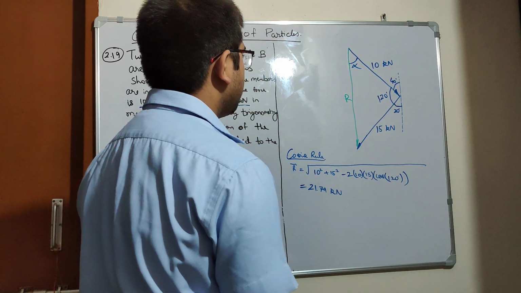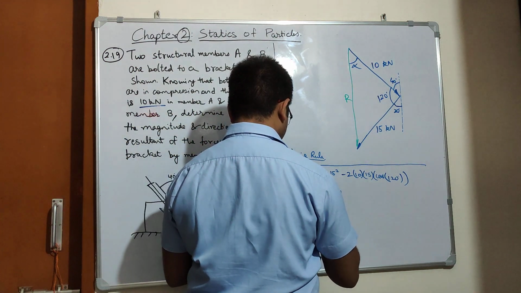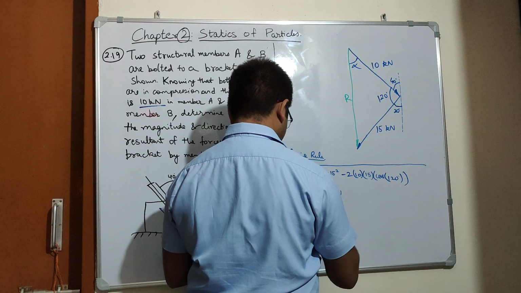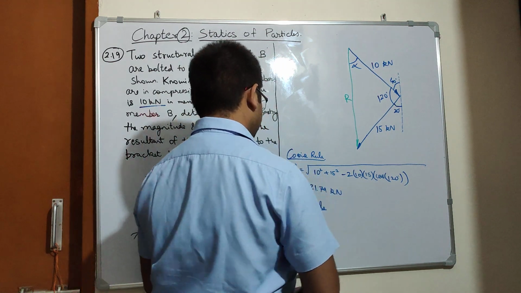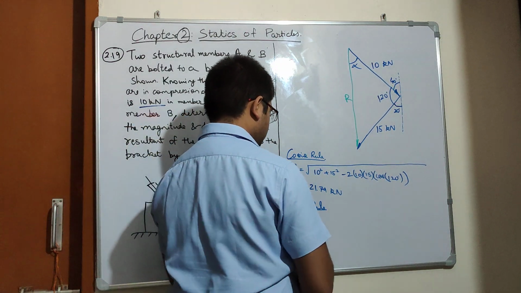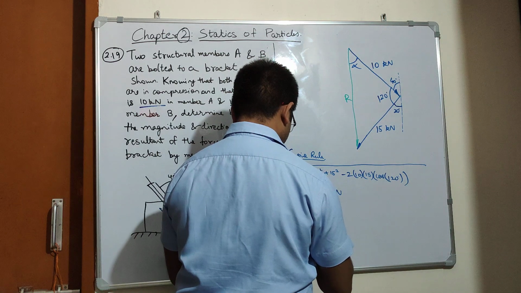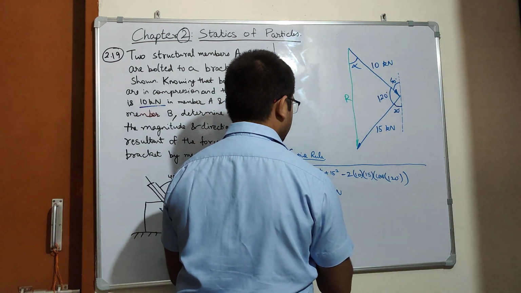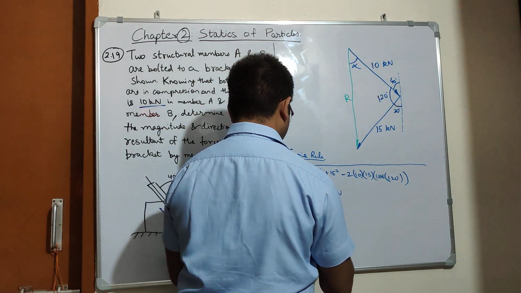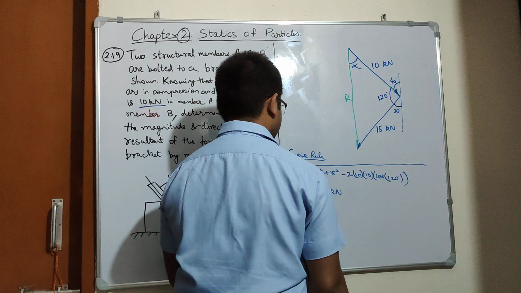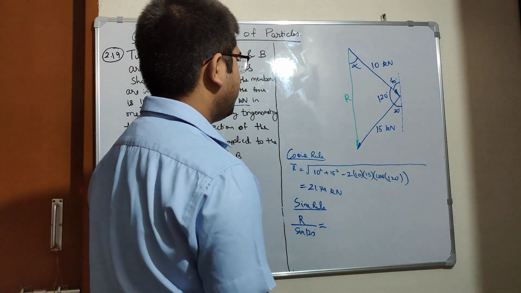So we have R by sine 120 degree, sine rule, R by sine 120 degree equals 15 by sine alpha.